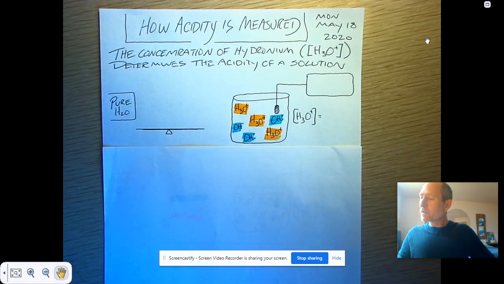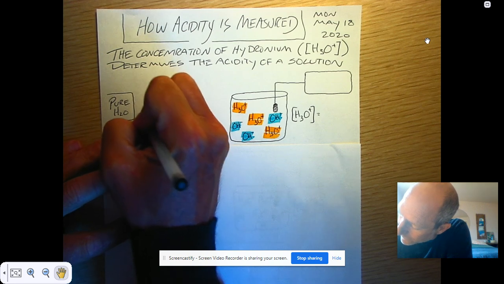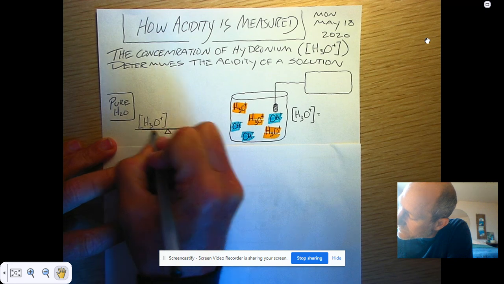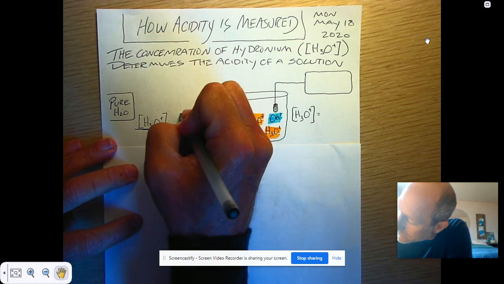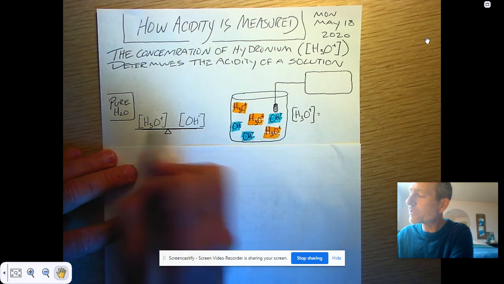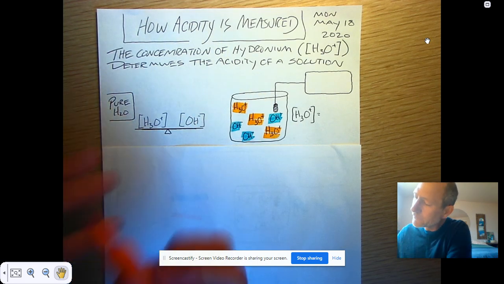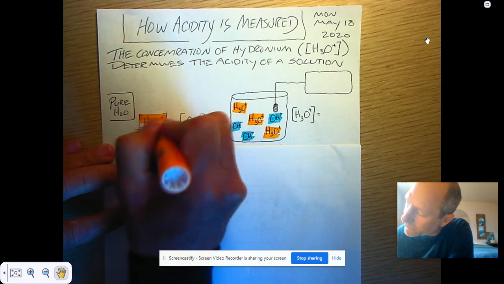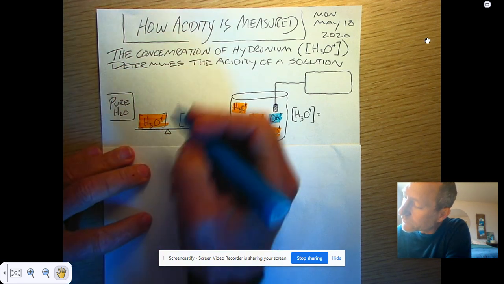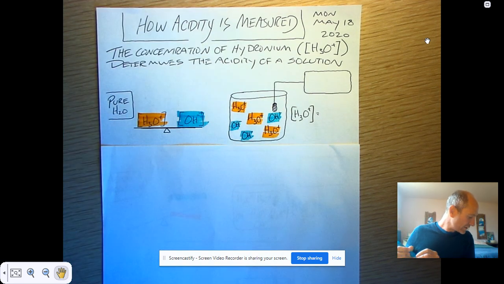Yeah? So our concentration of hydronium is the same as our concentration of hydroxide. I'm showing them on a balance here. They're balanced. They're even. So hydronium ion concentration, that's what that says right there, is equal to hydroxide ion concentration.